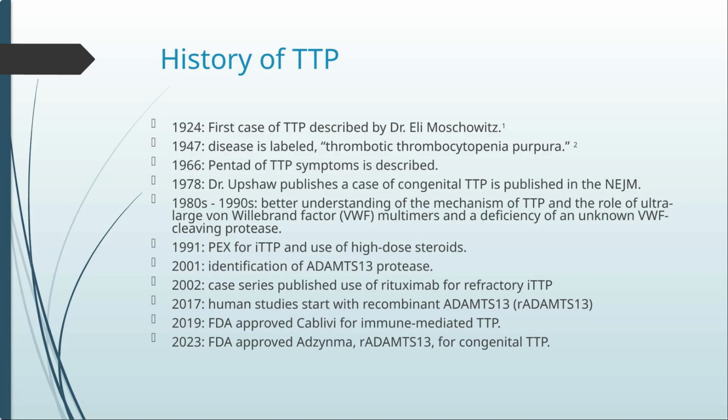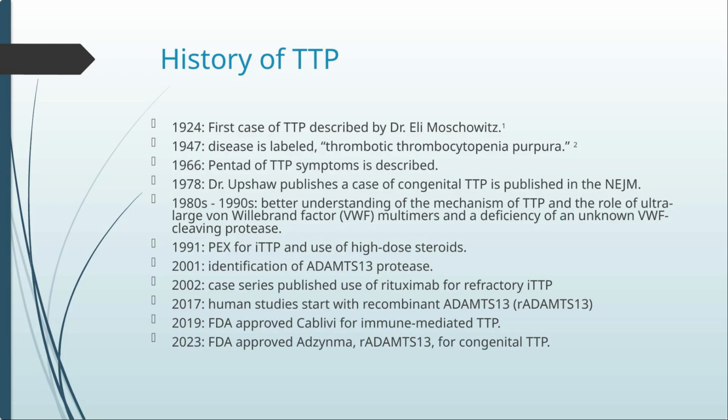Then in 2001, the protease that was isolated in 1996 was successfully purified and sequenced, identifying ADAMTS13. In 2002, there's a case series published showing that rituximab is beneficial for patients with refractory TTP. And then in 2017, the recombinant ADAMTS13 trials began in humans for congenital TTP.